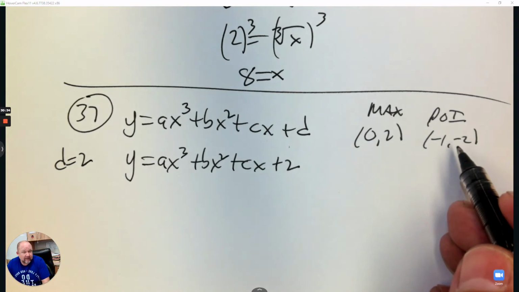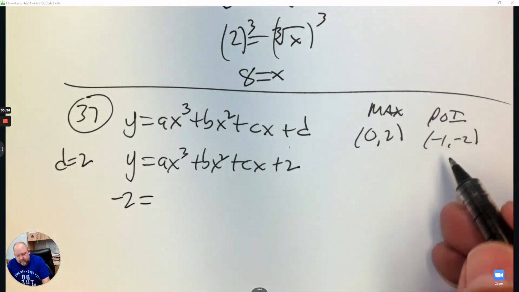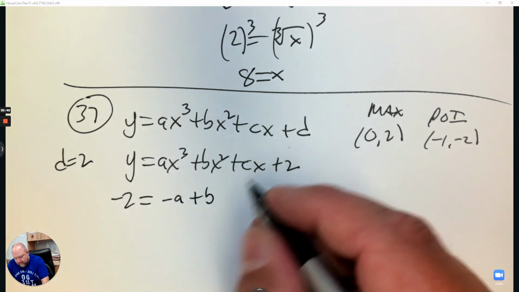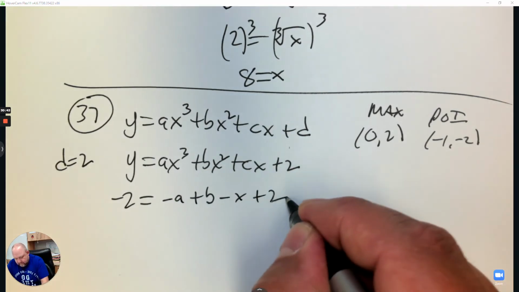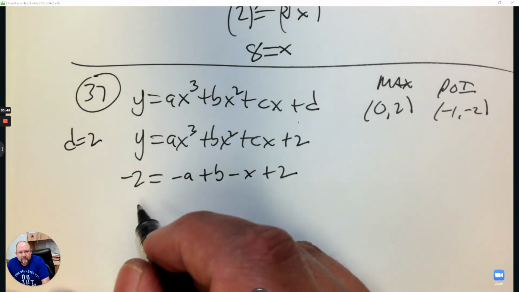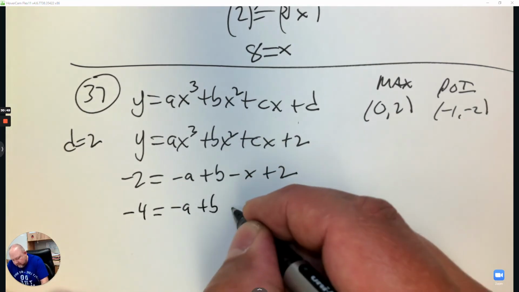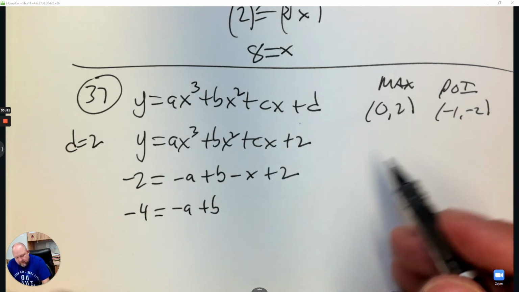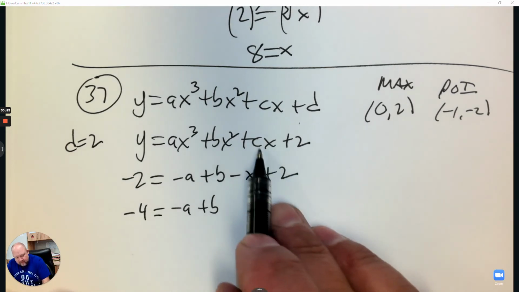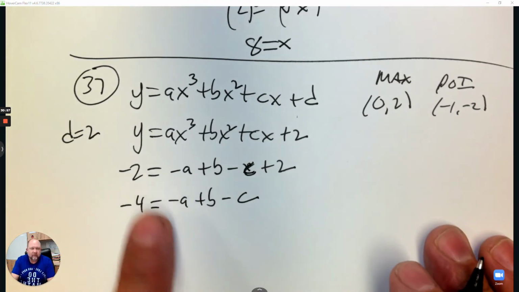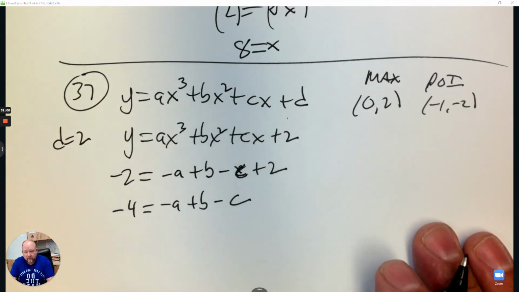Next, I'm going to plug in the second point. That's -2. -1 makes that -a, positive b, -c. Oops. So if I plug in -1, it'd be -c. That's what it should say. And then I subtracted 2, so now I have an equation. I'm going to take the derivative of this.